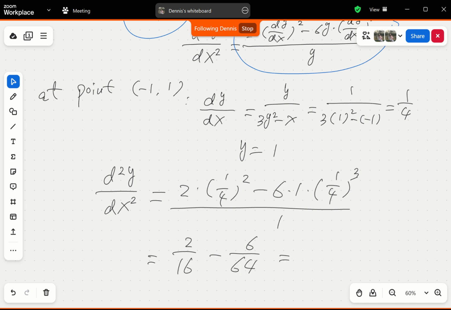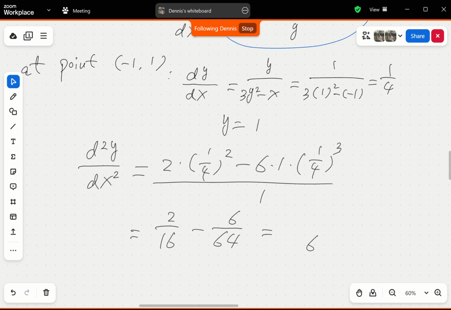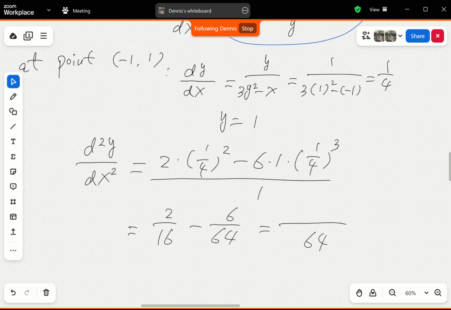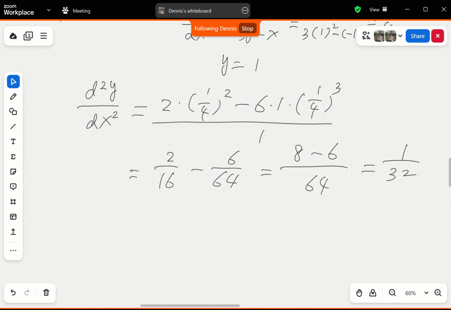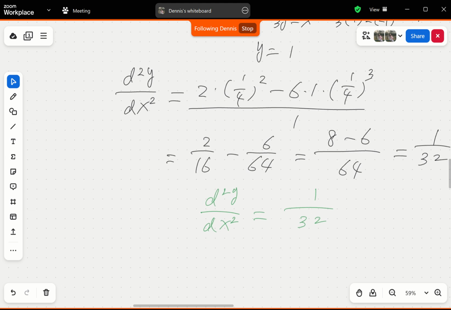Clearly the common denominator is 64. The numerator is 8 minus 6, which equals 2, so 1/32. Okay, so we have the final answer for question C: the second derivative of y with respect to x at the point negative 1, 1 equals 1/32.